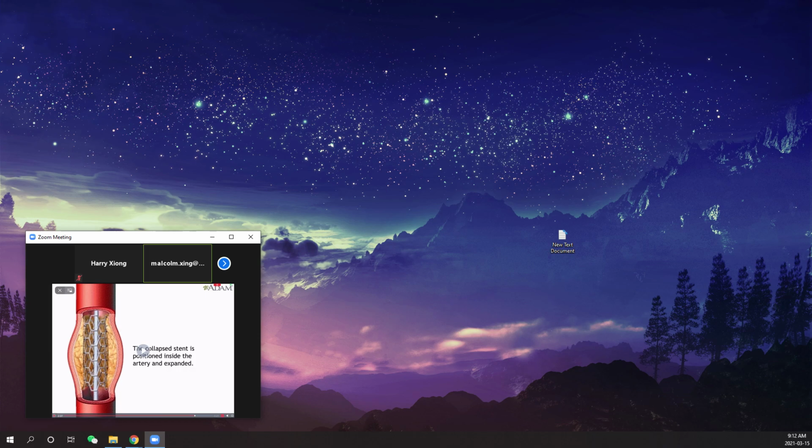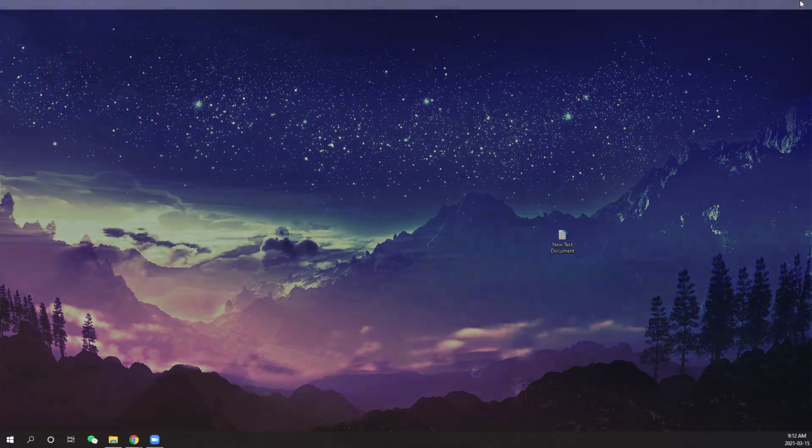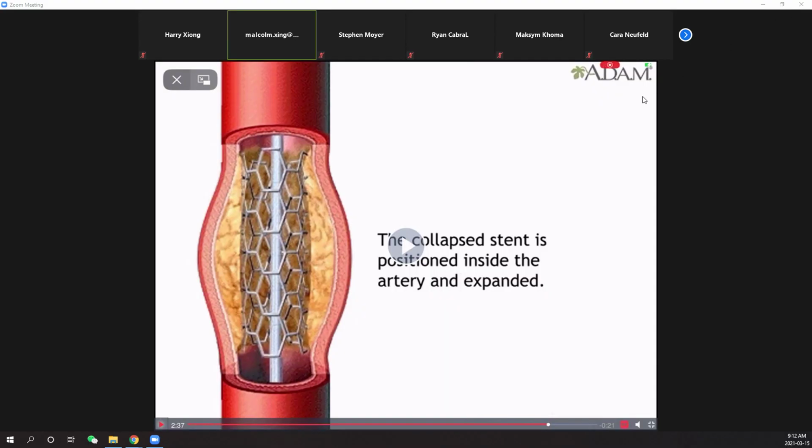Whenever this one is using, for example, stainless steel or nickel titanium, this kind of device is a permanent implantation. When you talk about biodegradables, it means the materials will be absorbed by the body, and the blood flow is very smooth, it can pass through that part to the heart muscle.